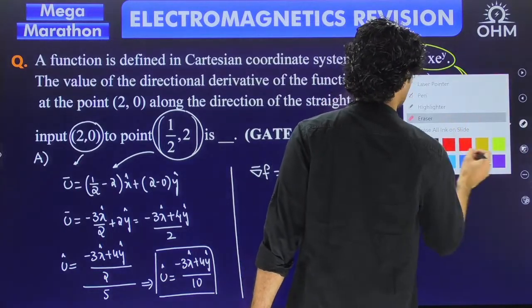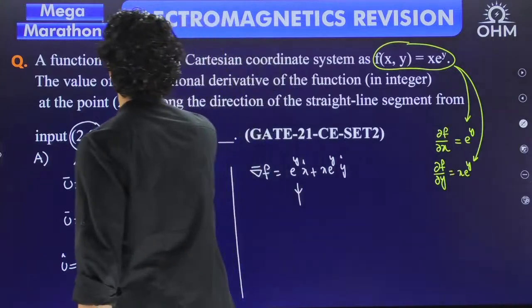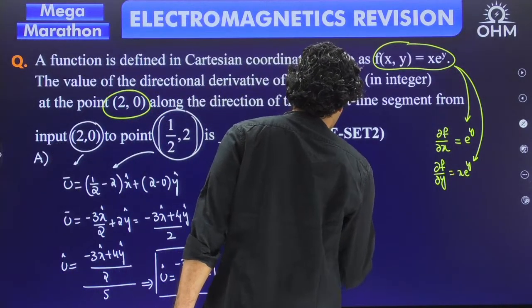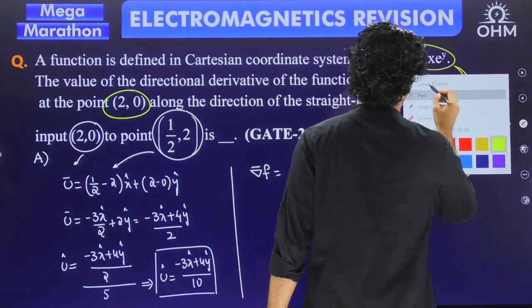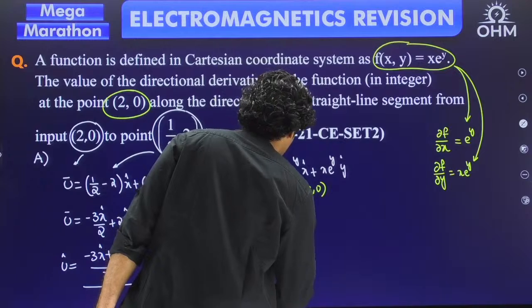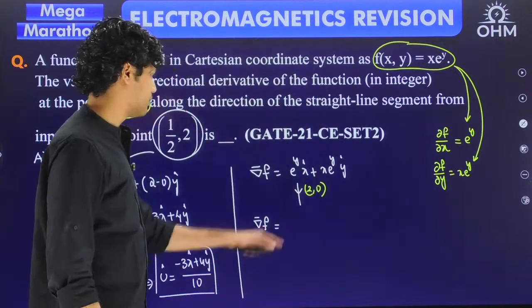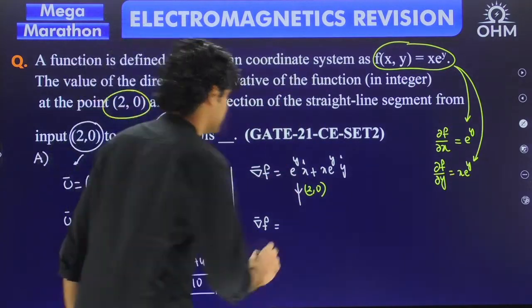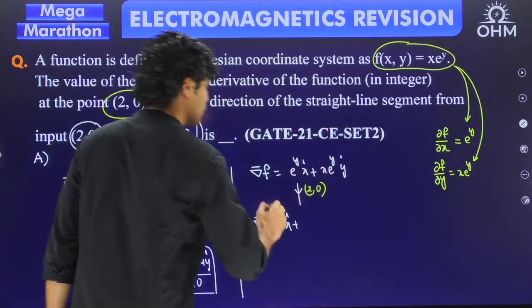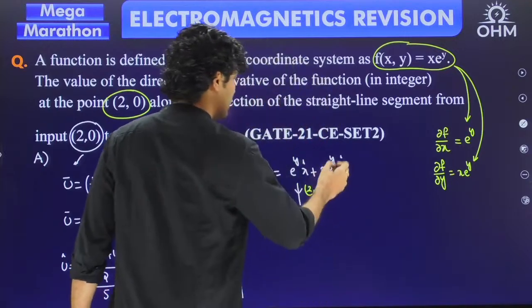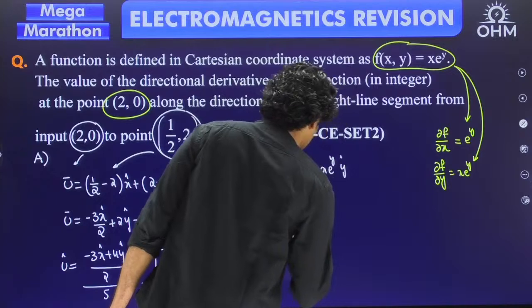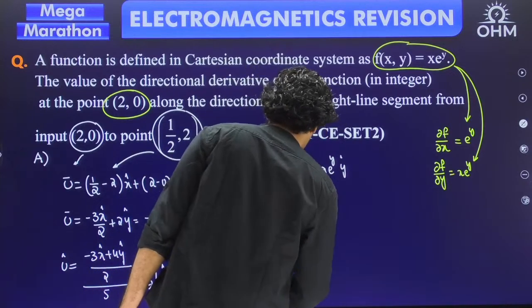The point of interest is basically this one. So when you substitute 2 comma 0, the gradient of the function becomes e power 0, which is 1, x cap, plus x is 2, so 2, e power y is e power 0, which is 1, so y cap. Okay, so we got the gradient function also.